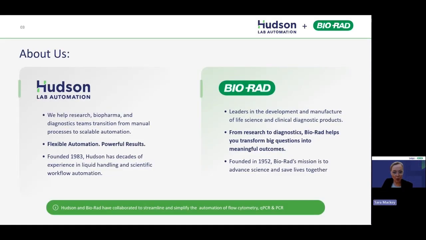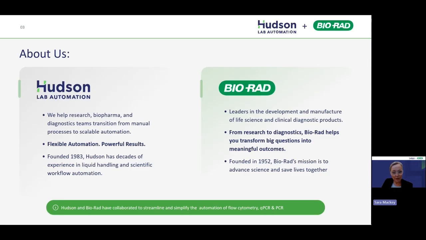Before we dive in, a quick brief overview of the two organizations behind today's discussion. Bio-Rad has been a leader in life science research and clinical diagnostics since 1952. From research to diagnostics, Bio-Rad's mission is to advance science and help labs transform complex biological questions into meaningful outcomes. Hudson, founded in 1983, has decades of experience in liquid handling and scientific workflow automation.